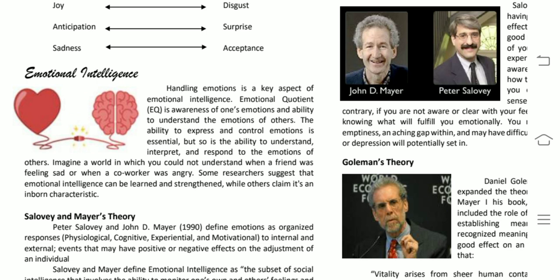So, some researchers suggest that emotional intelligence can be learned and strengthened. 'Di ba? While others claim it's an inborn characteristic. So, may mga researchers na they suggested na yung emotional intelligence daw ng isang tao, yung ilan doon is natututunan. Okay? Natututunan nila ito at kumbaga napagtitibay nila. So sa paanong paraan? Let's say for example yung bata, when a child is from the age of 7 to 10 years old, highly emotional yan.